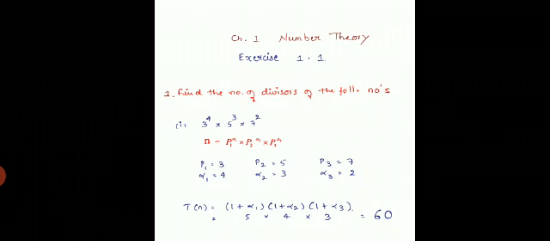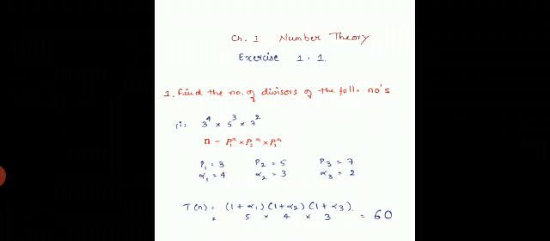Now, the number of divisors of the number is T of n is equal to 1 plus alpha 1 into 1 plus alpha 2 into 1 plus alpha 3. There are 3 different prime numbers we have.